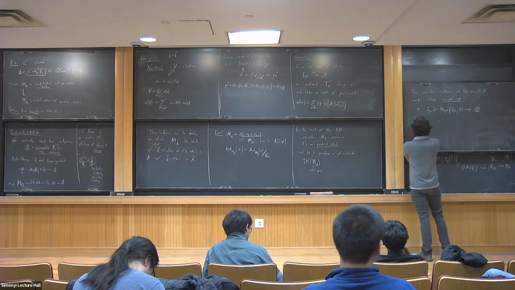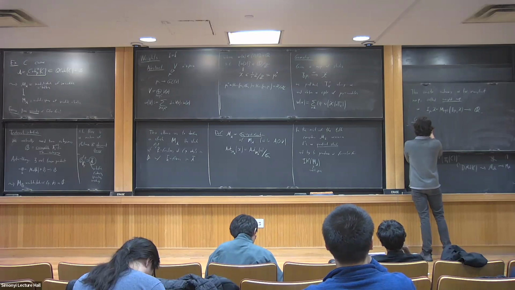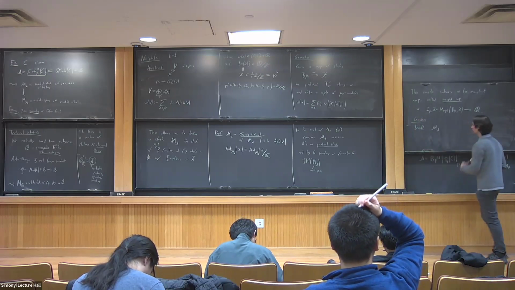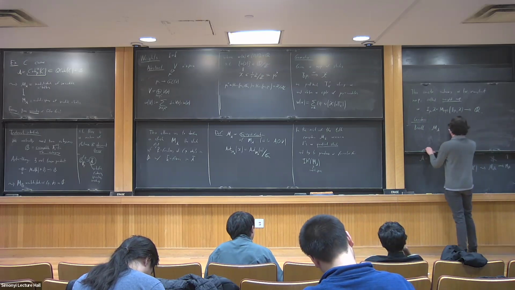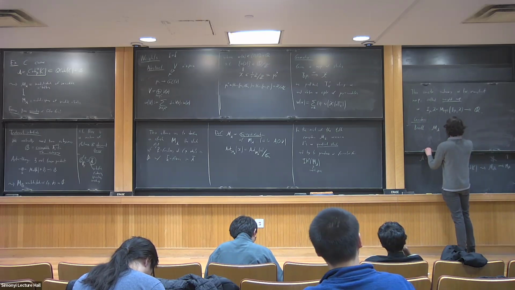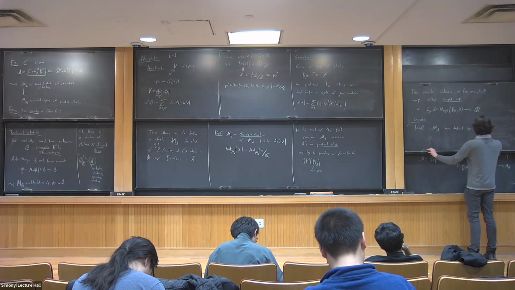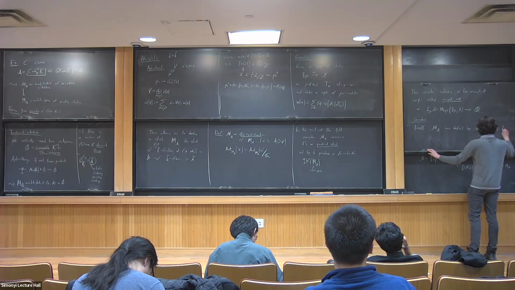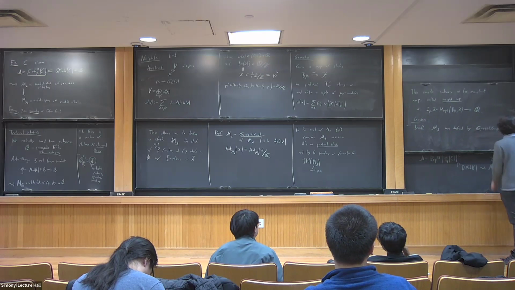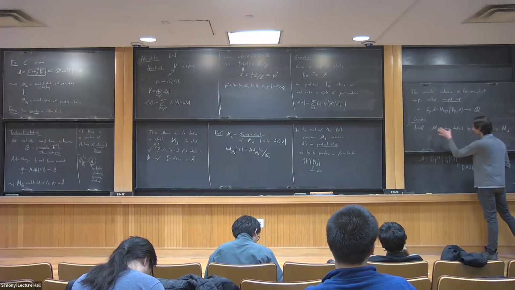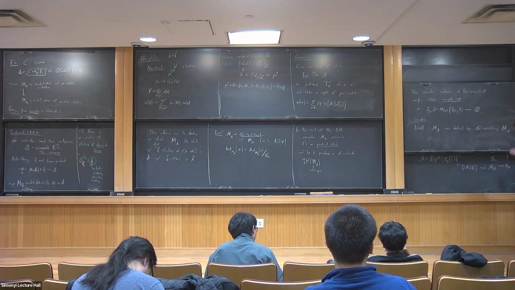Recall that M_alpha was defined as this G_m rigidification of another stack, the actual moduli stack of objects, leading to a new moduli stack by dividing out the trivial automorphisms.